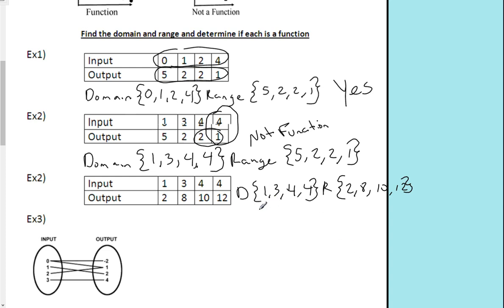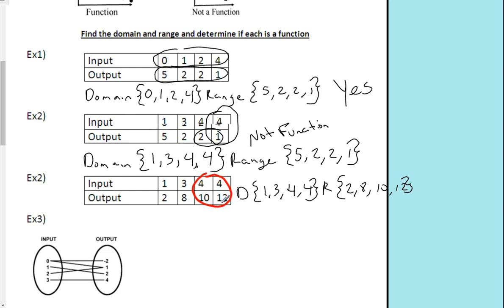Is this a function or not? Hopefully by now it's starting to make sense to you. Right here is the giveaway. It's not a function. I put a 4 in, I get a 10 out. If I put a 4 in, I should get a 10 out again, and I don't, so it's not a function.